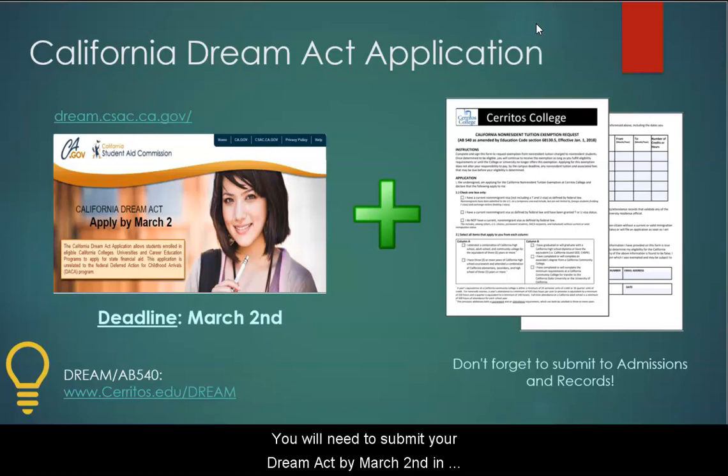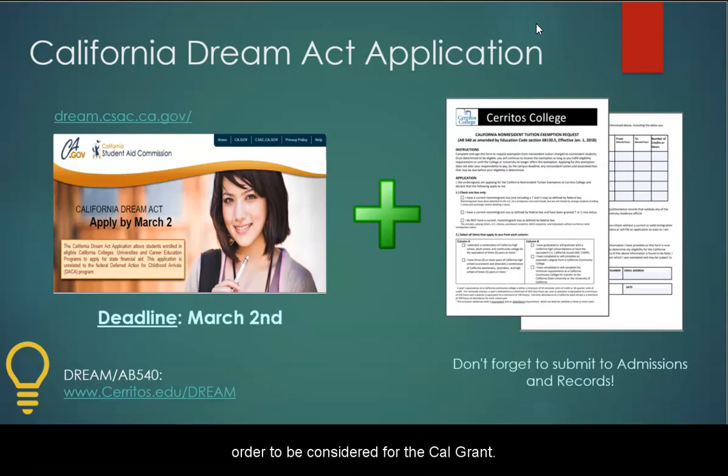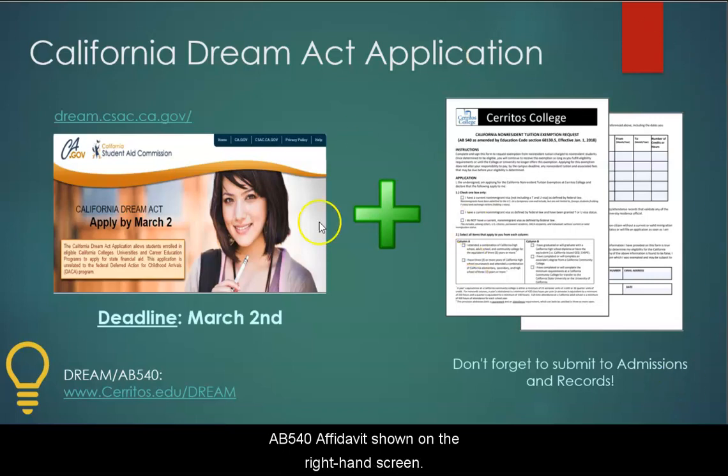You will need to submit your DREAM Act by March 2nd in order to be considered for the Cal Grant. In addition to the online application, undocumented students will also need to submit an AB 540 affidavit shown on the right-hand screen. I like to think of this as a big coupon. What this affidavit does is it allows us to consider our undocumented students as residents of California for financial aid purposes.